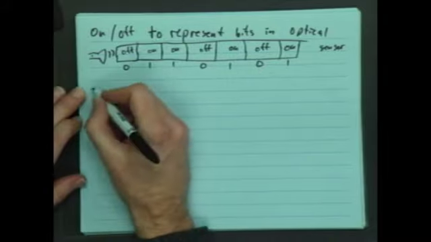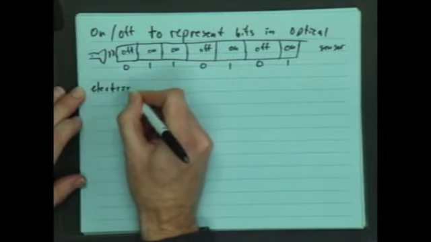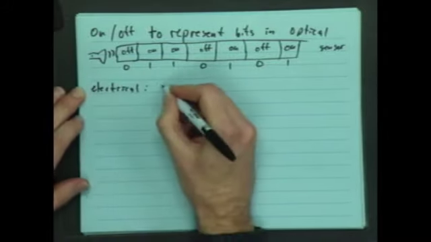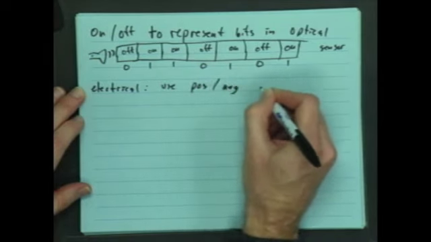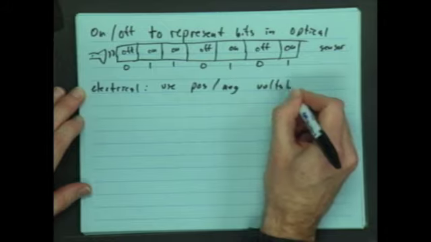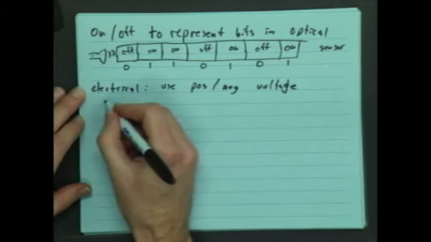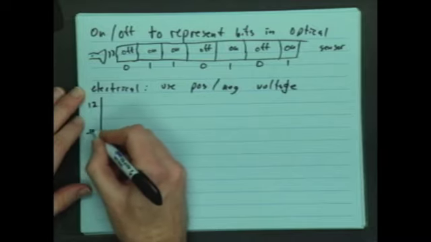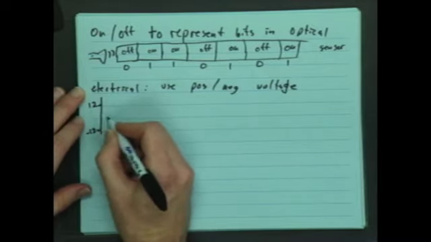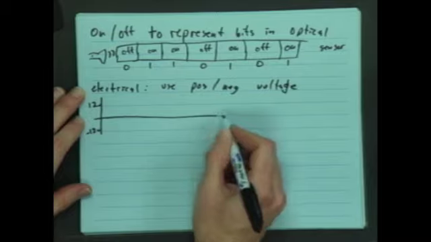If we're doing copper, so if we're sending something over electrical, we use positive or negative voltage. So I might have a 12 here and a minus 12. So I've got 12 volts and minus 12 volts.